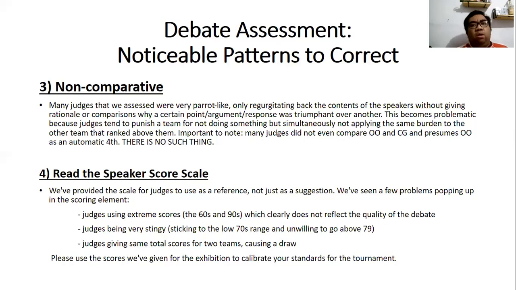The third problem that we also notice is quite apparent: there are judges giving the same total scores for two teams, which causes a draw. This is not a thing in BP. You must make sure that a team that ranks higher has a higher accumulative score. They can never have the same total score, because that's going to mess up the tab.